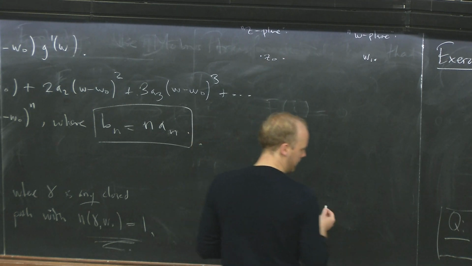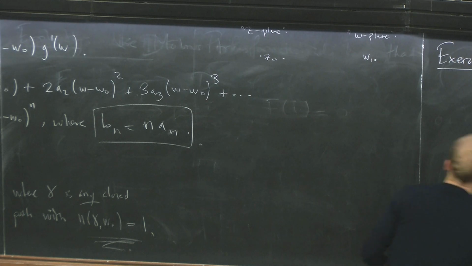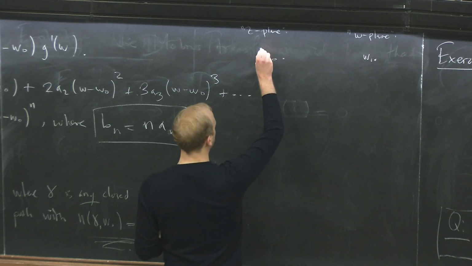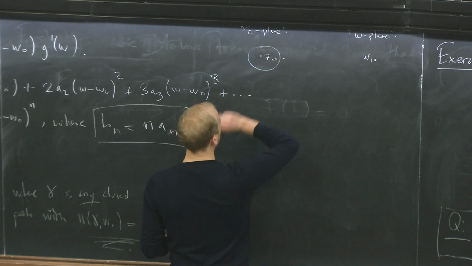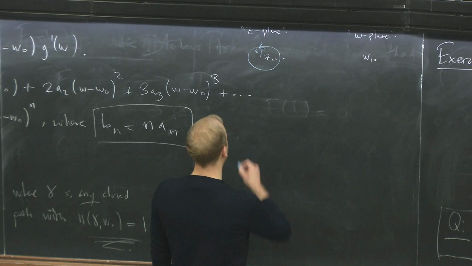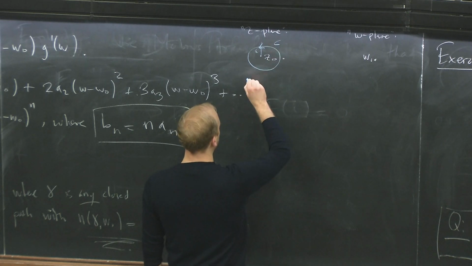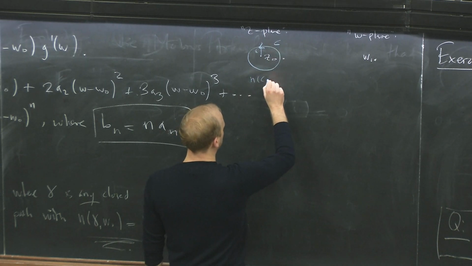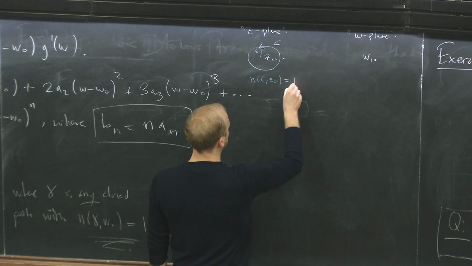And then the claim that I have, or that we will show, is the following. So I will just take a small circle of radius epsilon here, around Z0. So let's call it C. So then obviously the winding number around Z0 here is equal to 1.